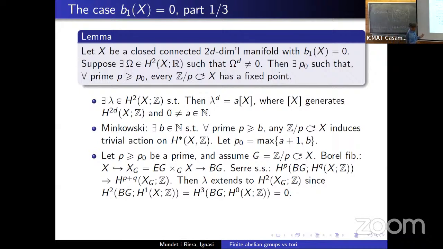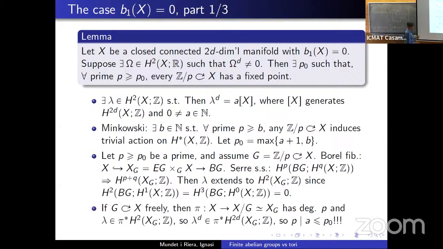Okay. Now, it turns out that the class lambda, which is an ordinary cohomology class of X, can be extended to the Borel construction, and this you can prove using Serre's spectral sequence. You need to prove the vanishing of two differentials. One differential is 0 because b1 of X is equal to 0, and the other vanishes because we're assuming that the first Betti number is 0, and this also vanishes because G in that case is Z mod p.